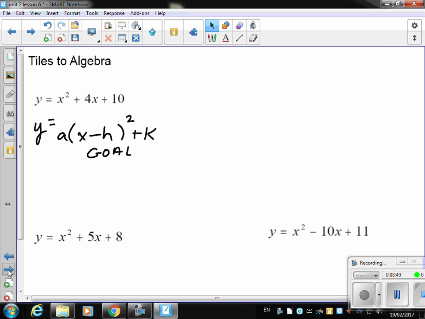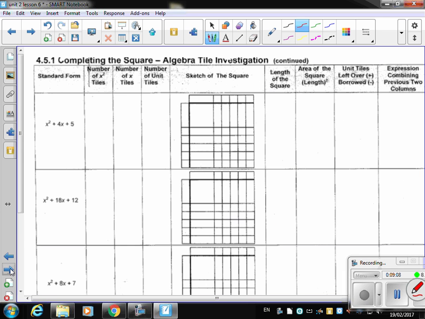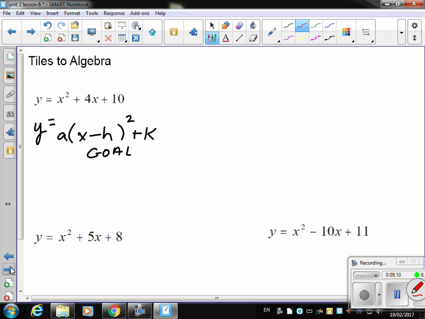Okay. Popping back to that last question. Notice that I had x squared plus 6x in the original question. And when I went down to vertex form, I had (x plus 3) squared. I find that interesting, that the first two terms I end up with half.